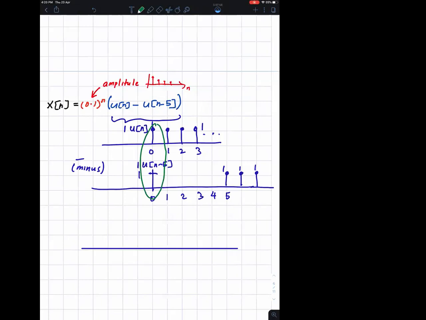So 1 minus 0 is 1. So this is my x[n]. 0.1 to the power of 0 is 1, isn't it?